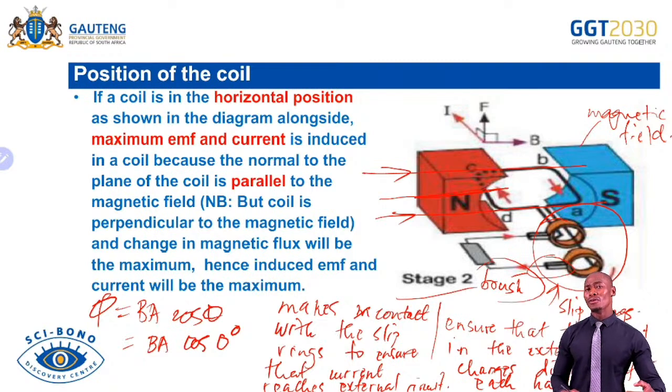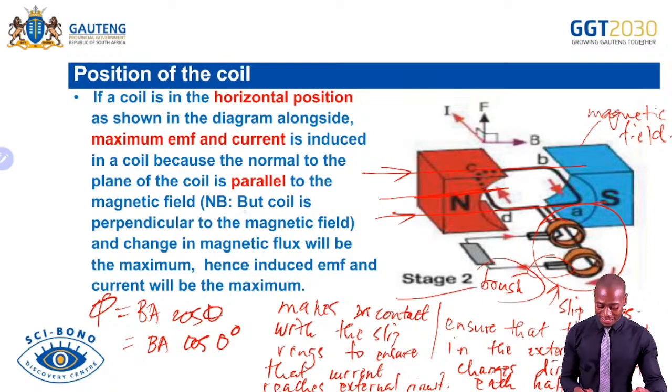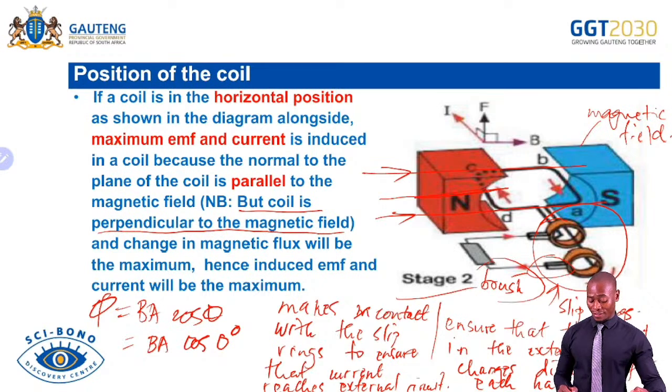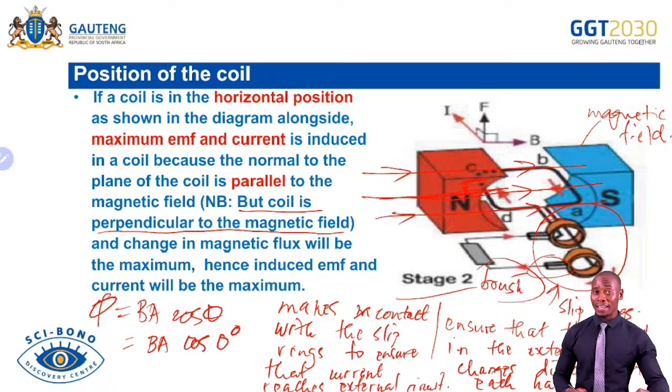But note this, learners. It is the normal to the plane that is parallel to the magnetic field, but the coil is perpendicular to the magnetic field. If these are magnetic field lines, check here. This is the coil. You'll see that the coil is perpendicular to the magnetic field, so the normal to the plane is parallel to the magnetic field.